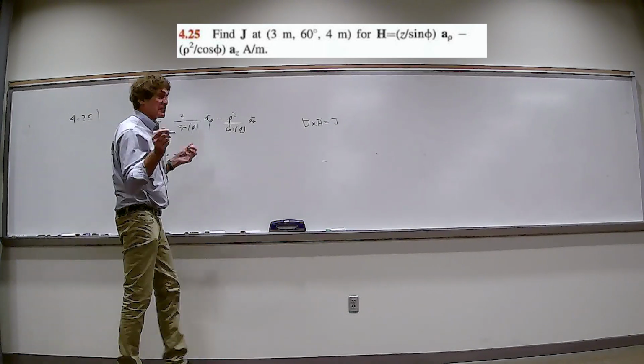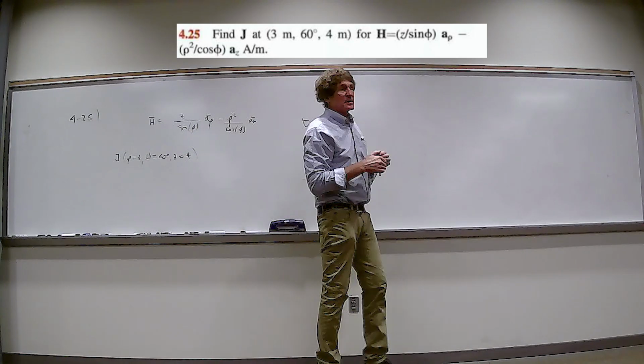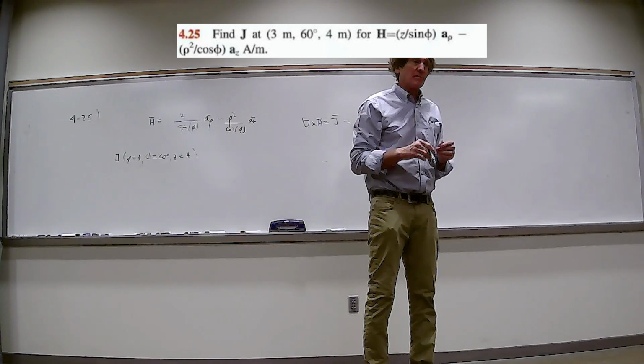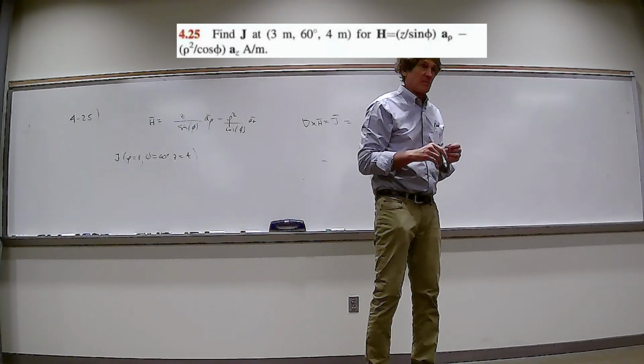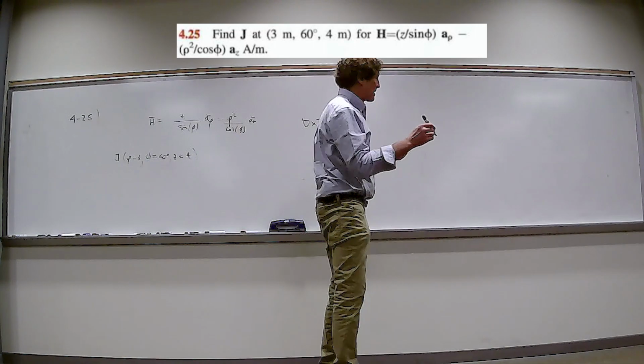So what's the definition of curl in cylindrical coordinates? I don't know if they give you the matrix form or what form. Just tell me what they have.